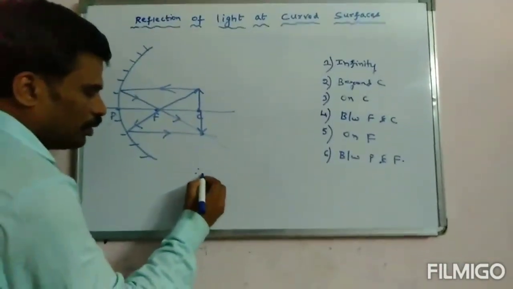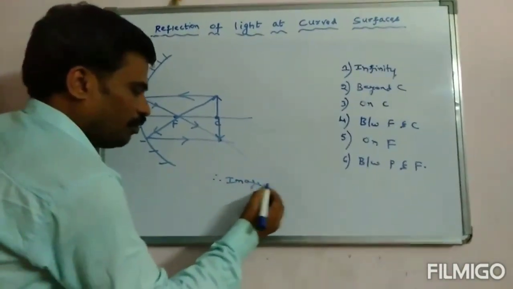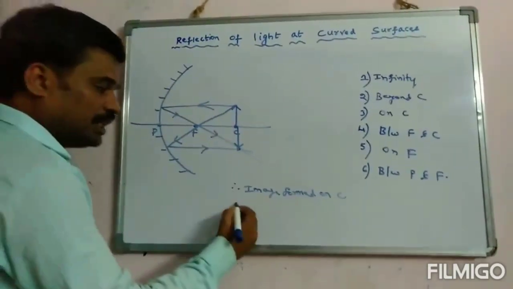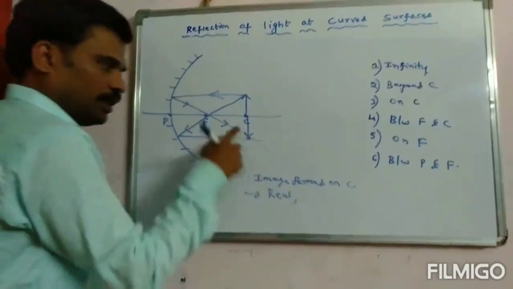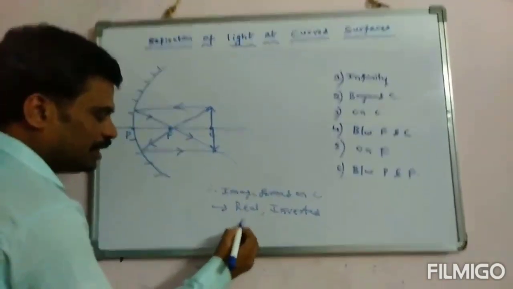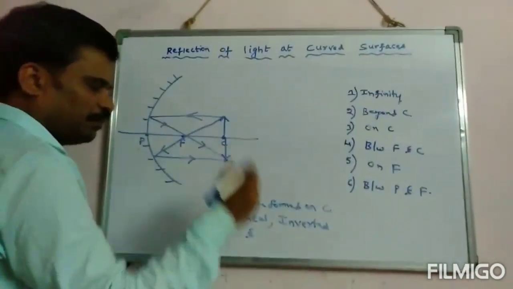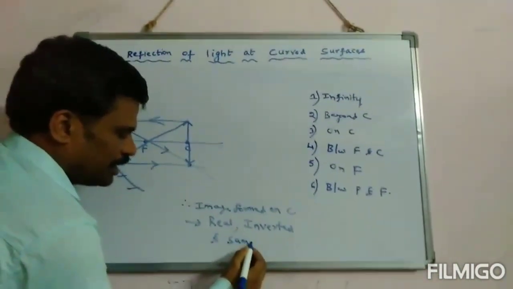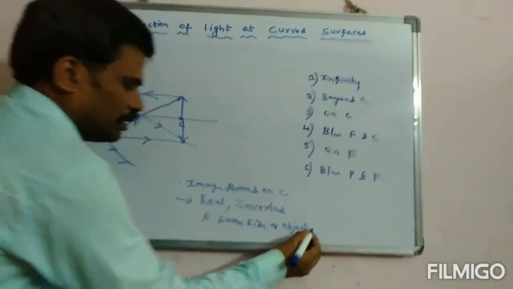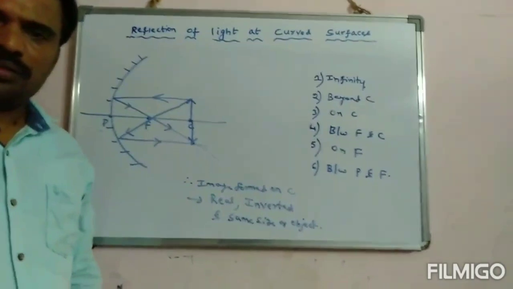Therefore the image is formed on C, the image is real and inverted, and you can see the size is the same as the object.